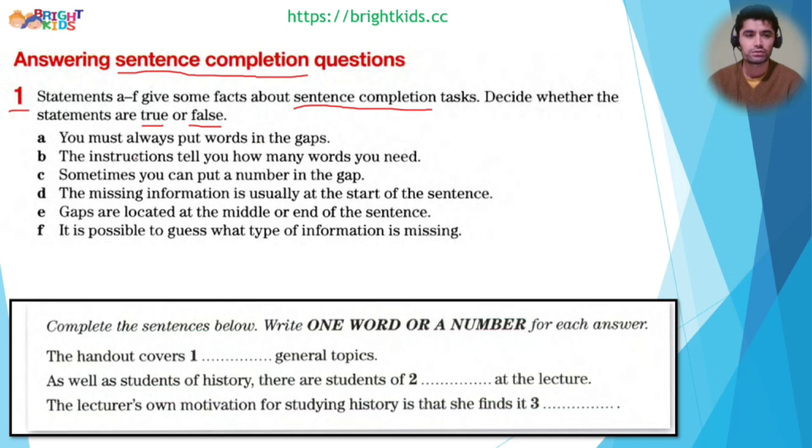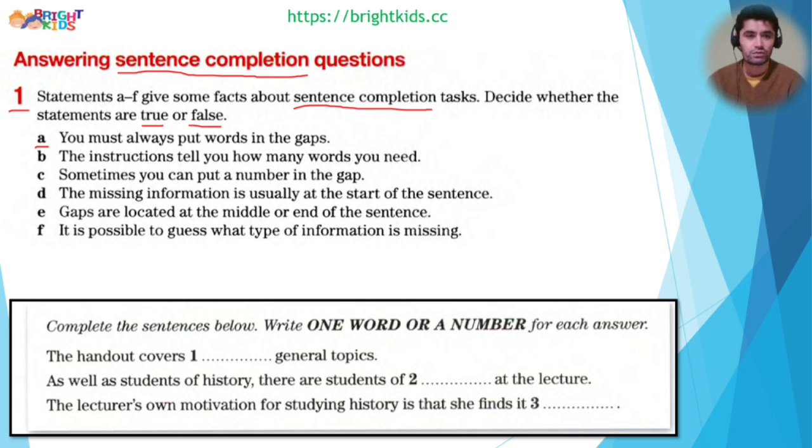Now we're going to look at each of the statements together and find out if the statement is true or false, because these statements actually tell us the things that we need to do while we're dealing with sentence completion type of question.